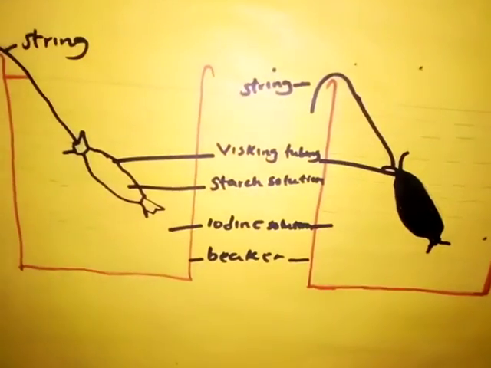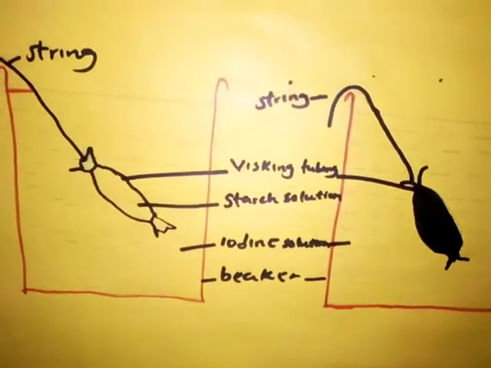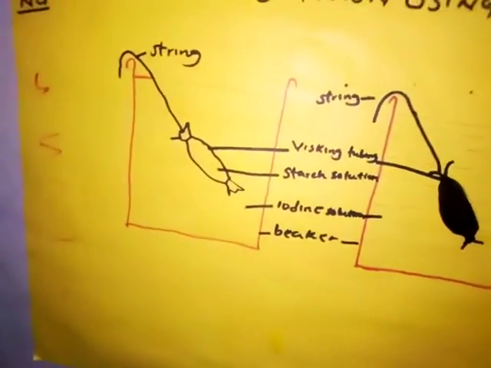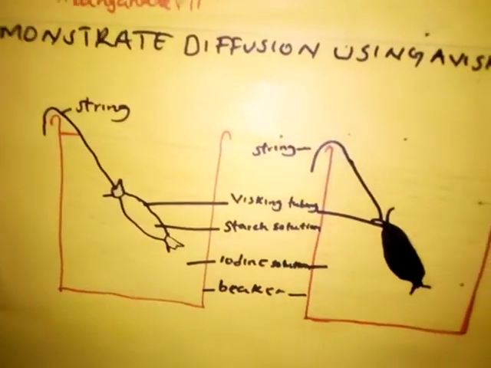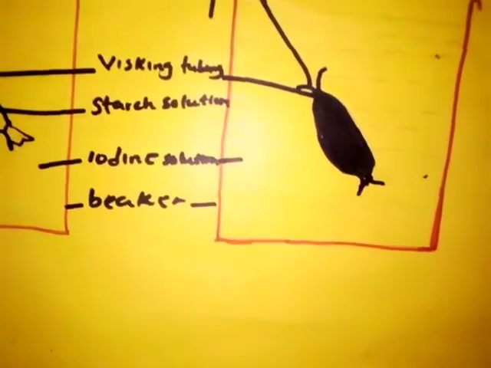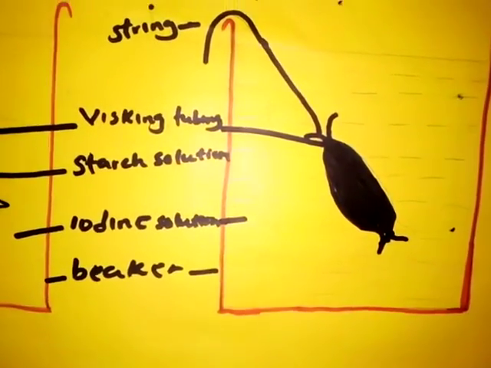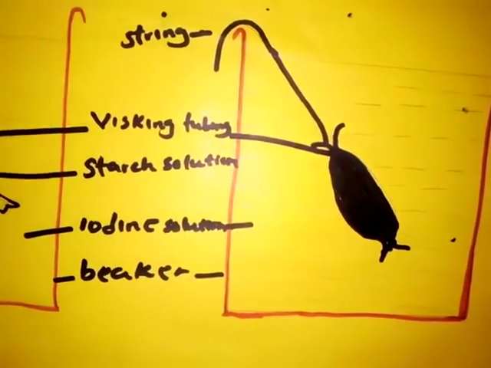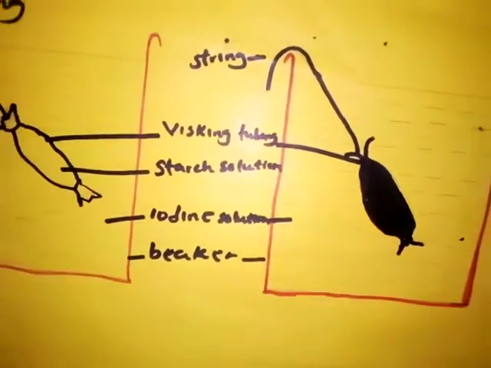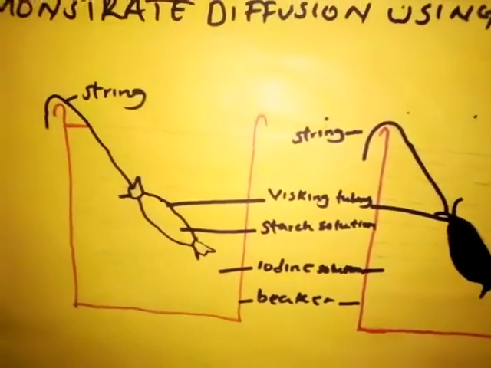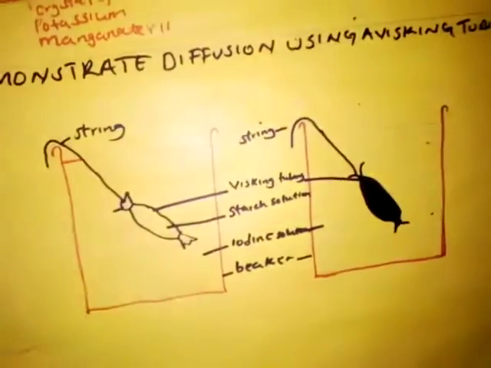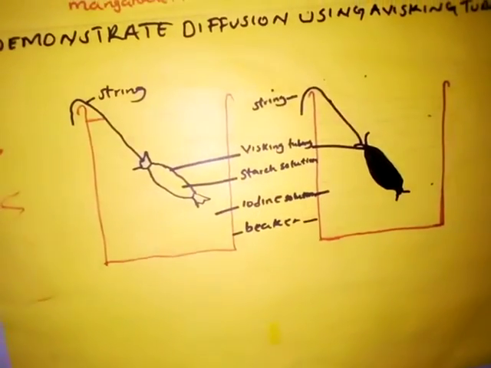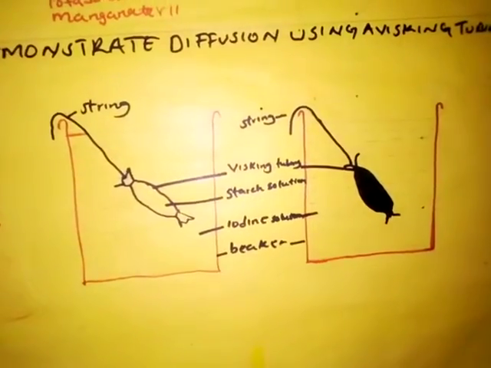Lastly, the last factor, we have surface area to volume ratio. So the rate of diffusion in and out of the body always depends on the surface area to volume ratio. Now you realize that the higher the ratio, the greater the rate of diffusion, and the vice versa is true. That is, the lower the ratio, the lower the rate of diffusion.